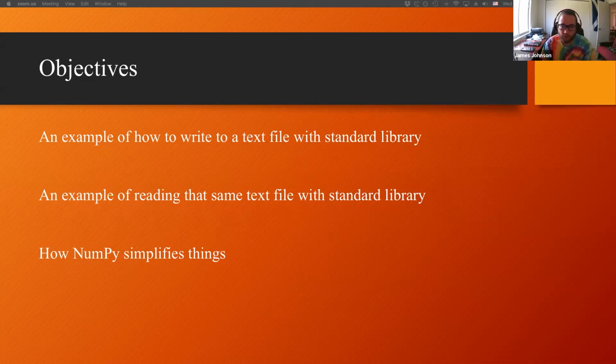We're going to go through a quick program that will write a very simple output file, then read it right back in, and then I'll show how NumPy can simplify that a lot.